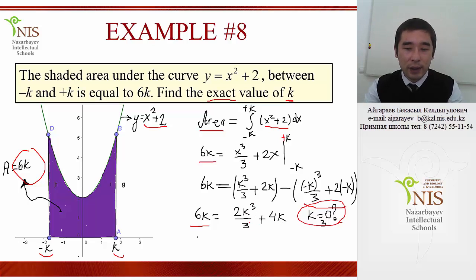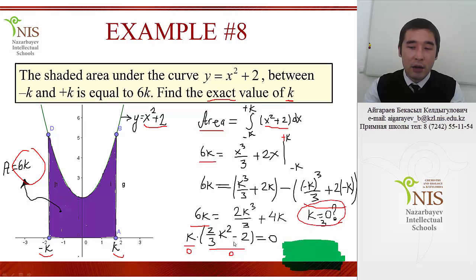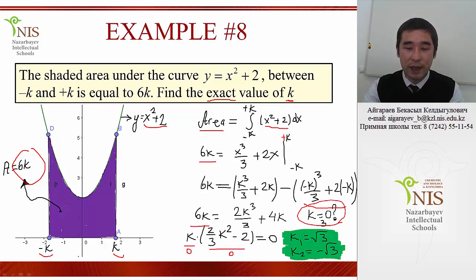K cubed means we should have 3 roots. One of the roots will be 0, and the others will be square root of 3 and minus square root of 3, because if our expression right here is equal to 0, then either k is 0 or this expression is 0.